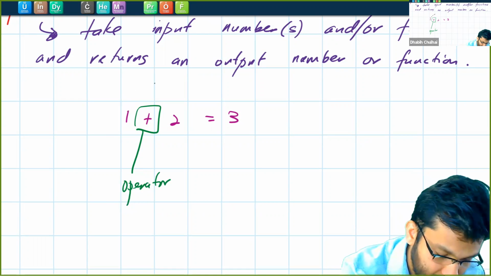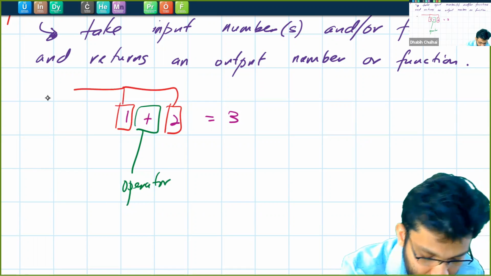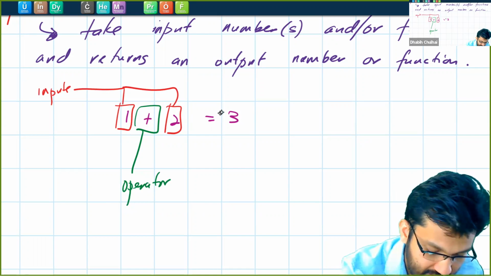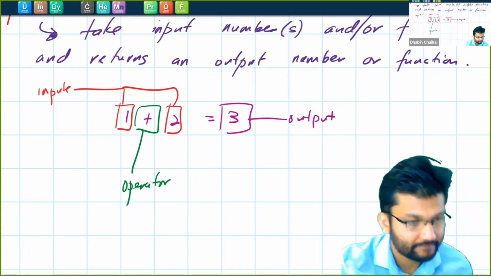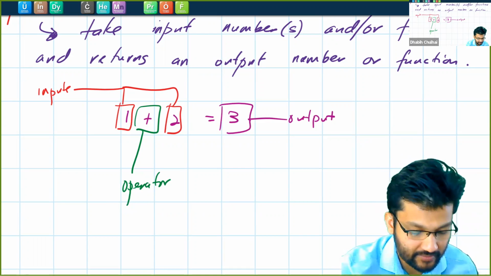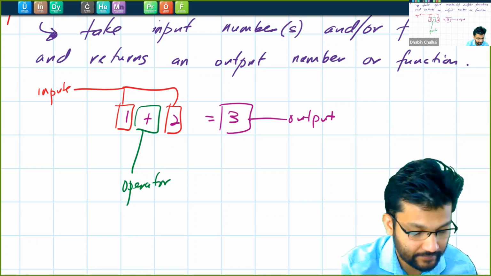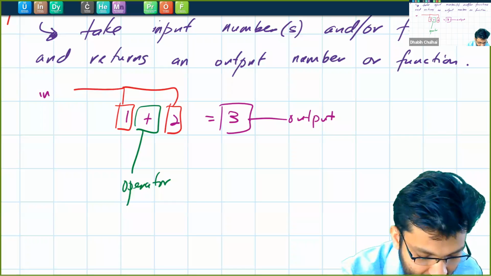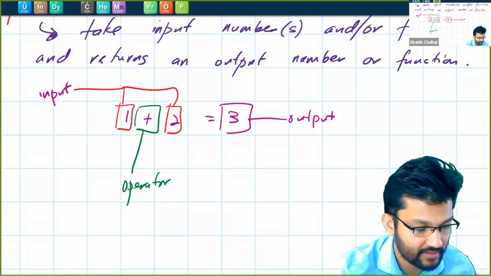These here would be the inputs. And this is the output. That's a very simple operator. It takes two numbers, in this case, and then it spits out another number as output.